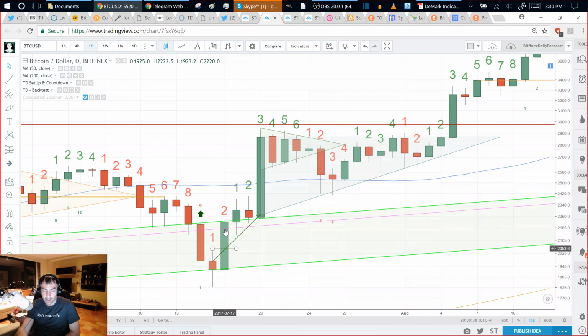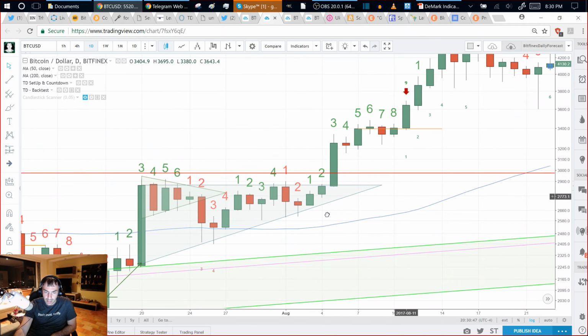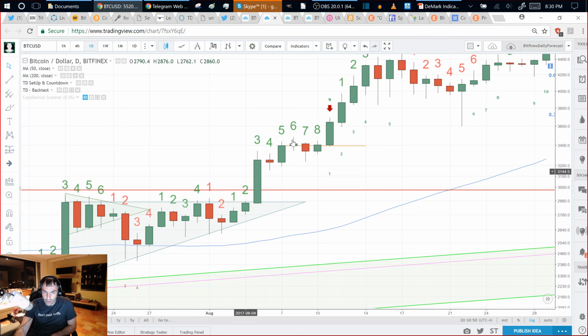This indicator just helps you confirm here, and then again here. Okay. And now, once you're in this trade, remember, I'm only talking daily now. You still have a weekly to make sure you're on the right side of the trade.